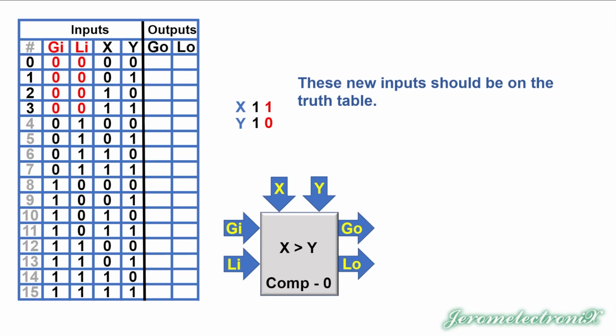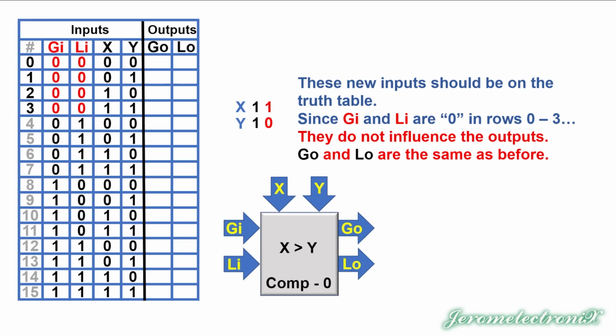What that means then is that the value of x and y that we just figured out a few minutes ago are going to be the same. Since GI and LI are 0 in these rows 0 through 3, they don't influence the results. We don't know yet whether or not x is greater than y or x is less than y.